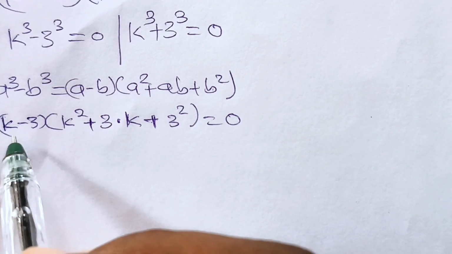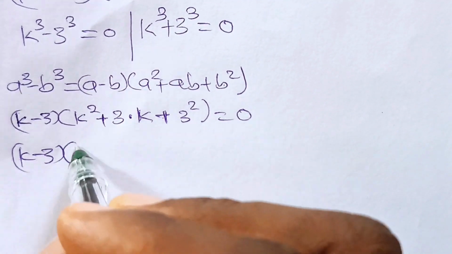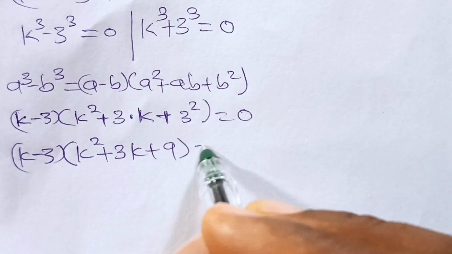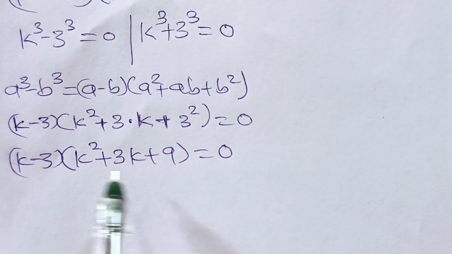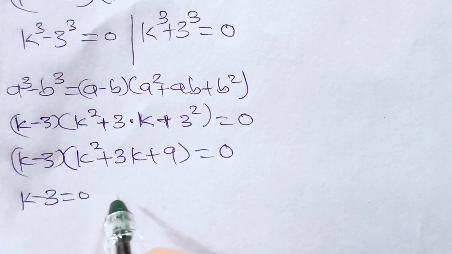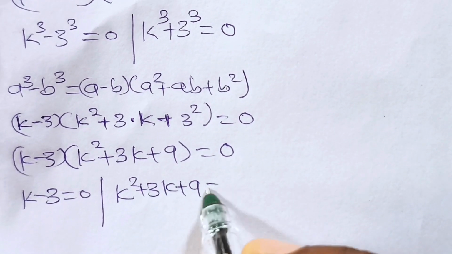So we can now write this as k minus 3 multiplied by k squared plus 3k plus 9 is equal to 0. So we now have two brackets again. So we can say k minus 3 is equal to 0, or k squared plus 3k plus 9 is equal to 0.